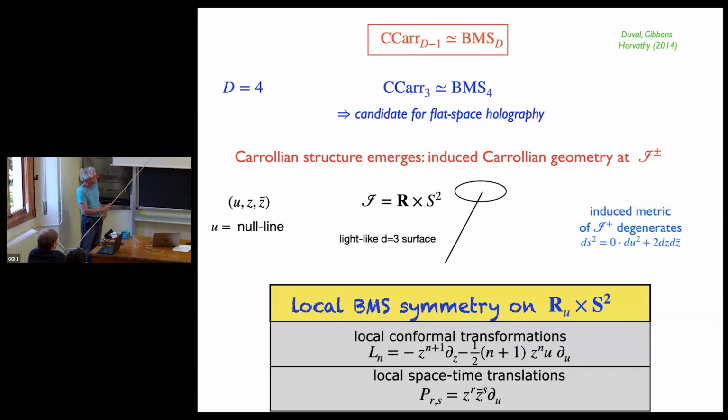But what you see now is that the local spacetime translation, which had a very strange representation on the celestial sphere, now has a nice representation in this Carrollian space. That is why people working on Carrollian conformal field theory like their approach more, because they have a nicer representation of space-time translations.